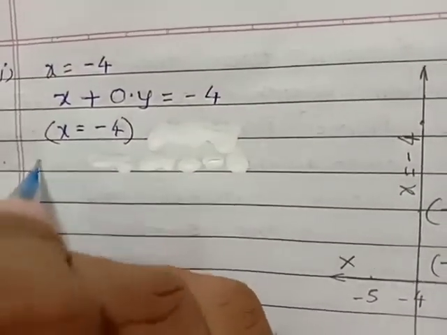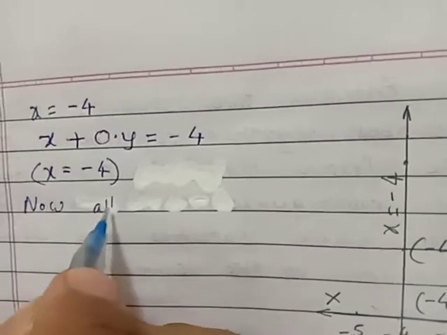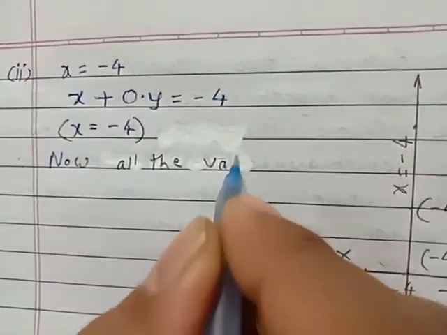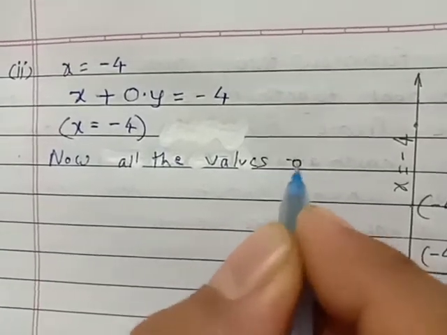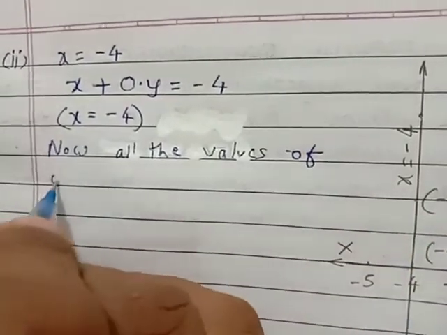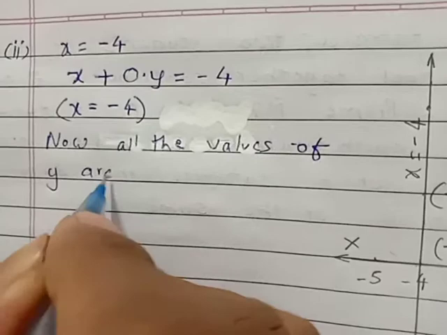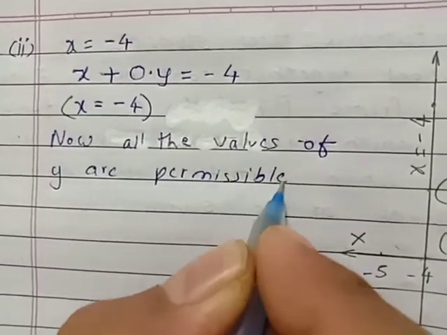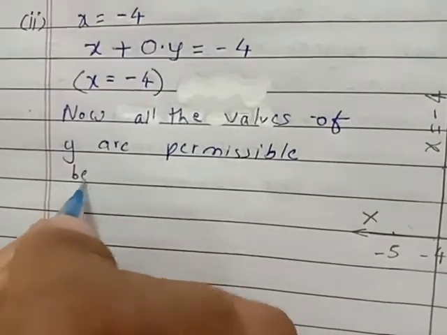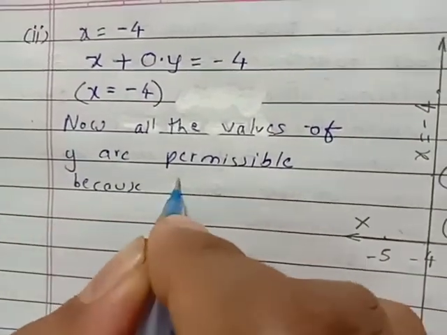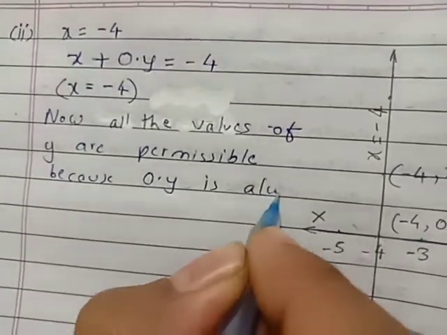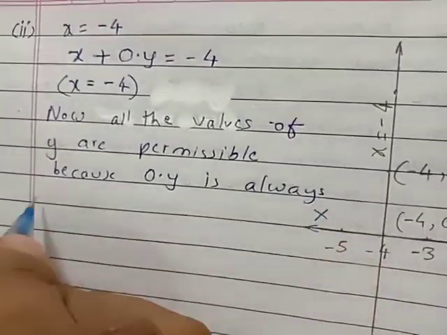So now all the values of y are permissible, because 0 into y is always 0.